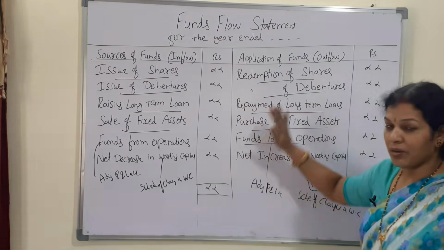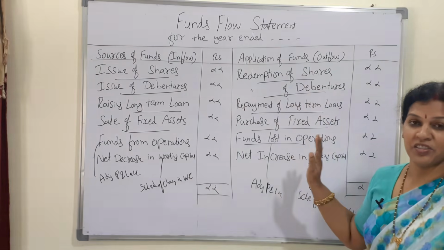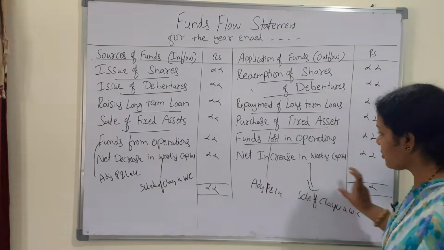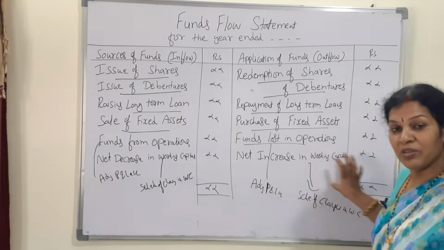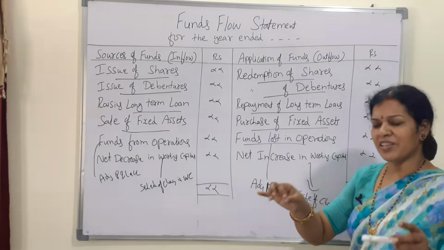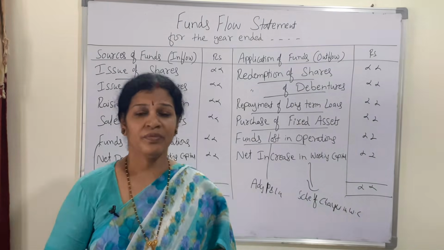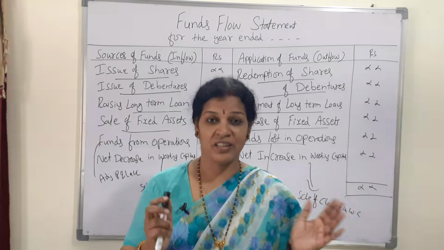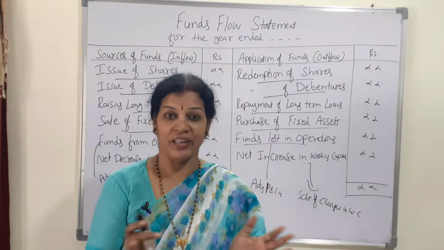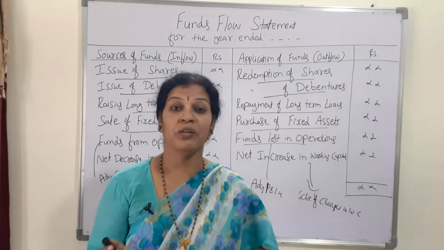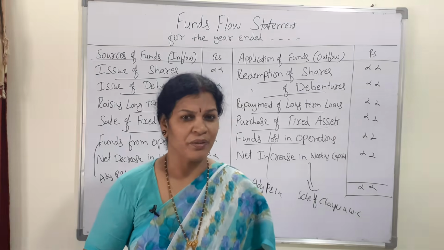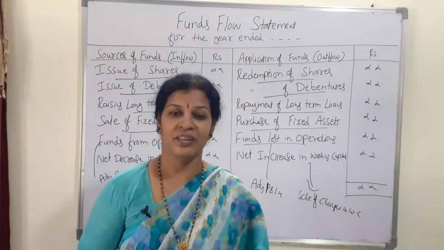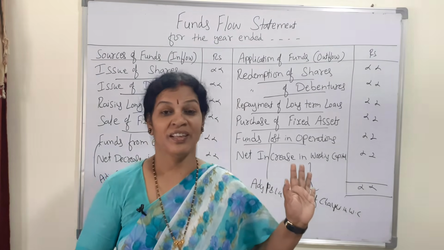After writing all the transactions, at the end it has to tally. Both the sides should be equal, just like a balance sheet. In a balance sheet also, the asset side and liability side will both tally. Both sides will be equal, then only the problem is correct, or else somewhere something has gone wrong. Here also it's the same case.